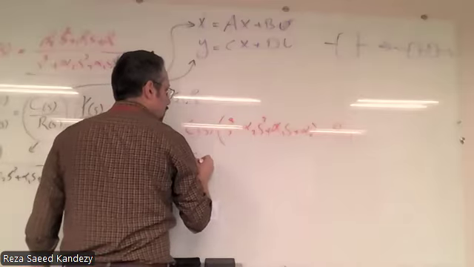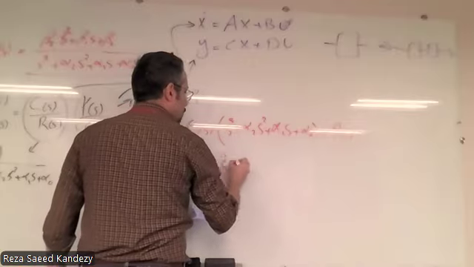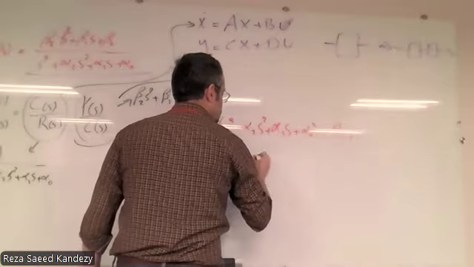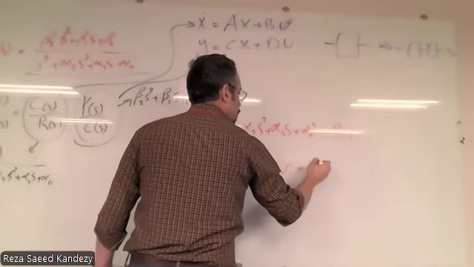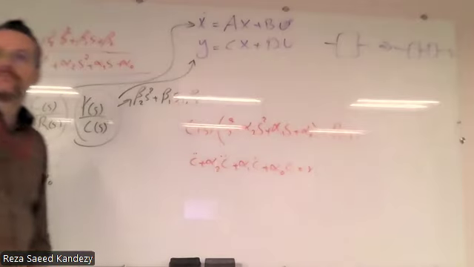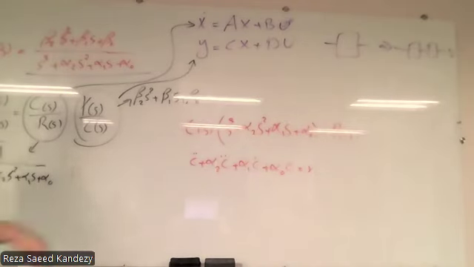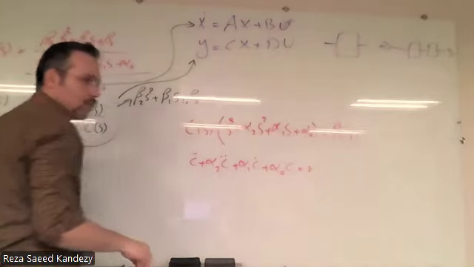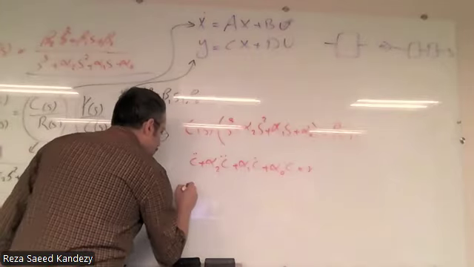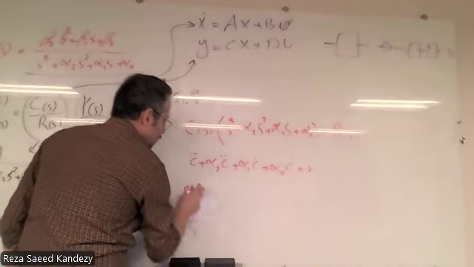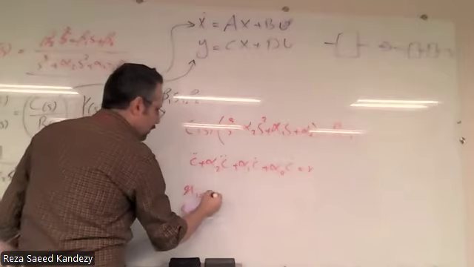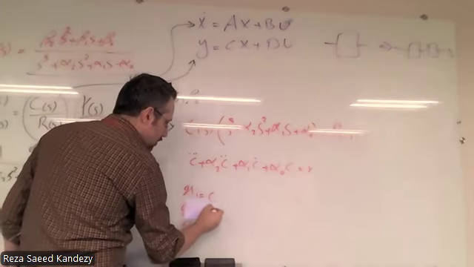C triple dot plus alpha 2 C double dot plus alpha 1 C dot plus alpha 0 C is equal to the R. We have a third order. We need 3 state variables. The first one is the function itself, C. Second one is C dot.